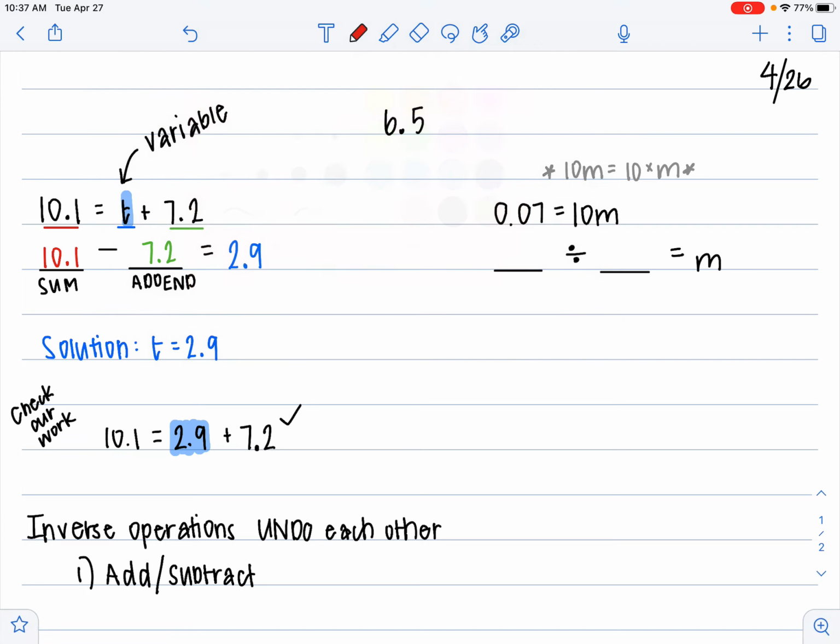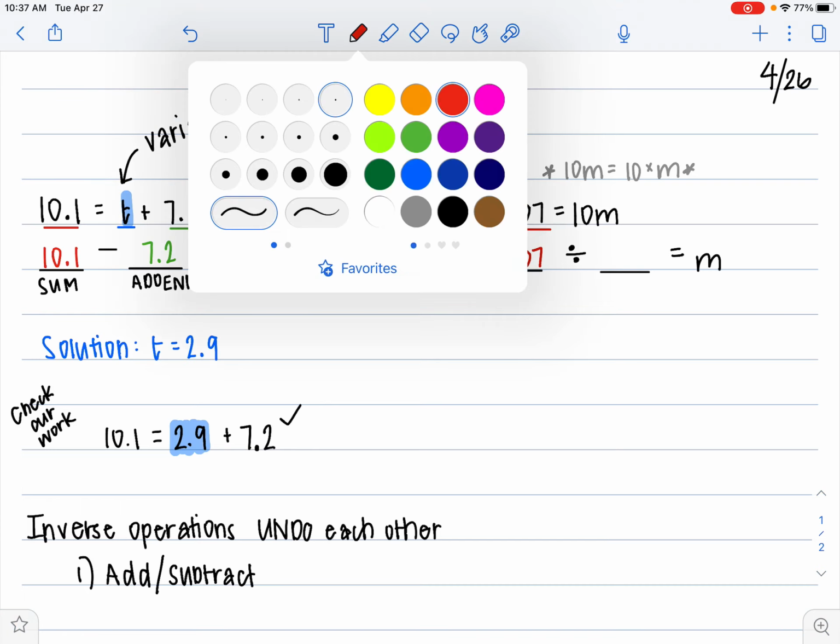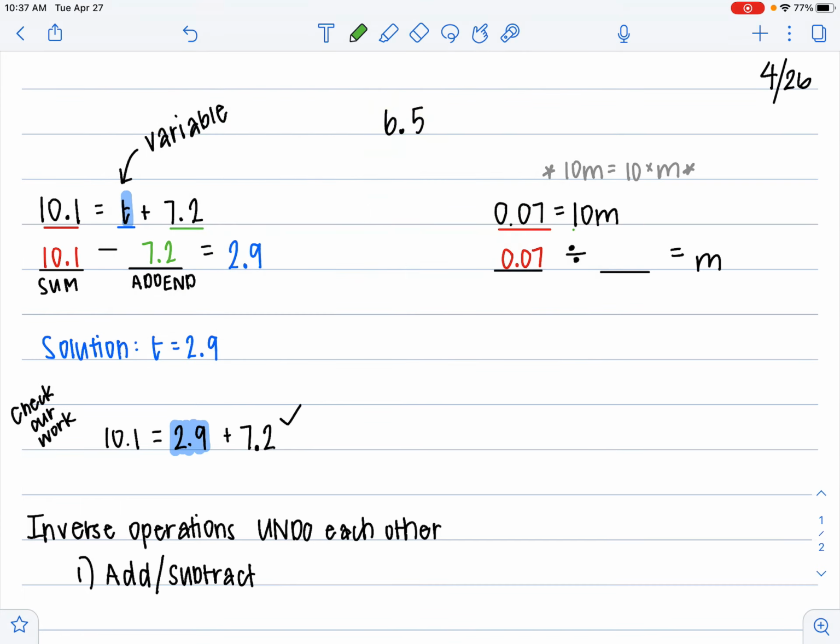So I want to divide, and I said missing product, I meant missing factor. I want to divide my product, 0.07, divided by my factor, which is 10, and that's going to give me my missing value M. 0.07 divided by 10 is simply 0.007.